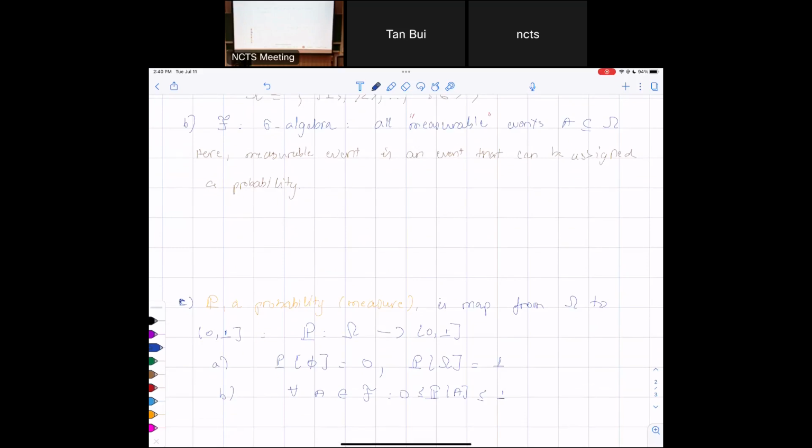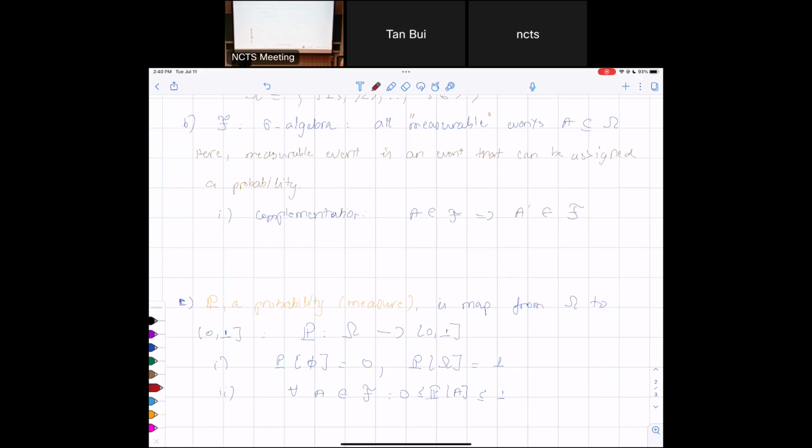Okay, two elementary things. I'm sorry, I should do not A and B here, but I and double I. The first is the complementation condition: if A is in the sigma algebra, then the complement is also in the sigma algebra.